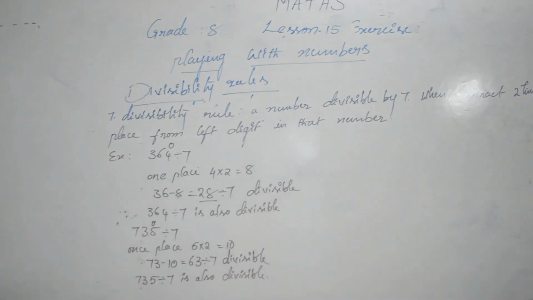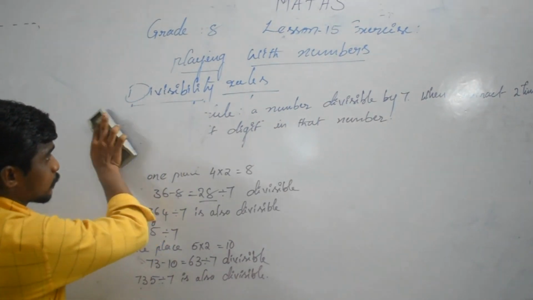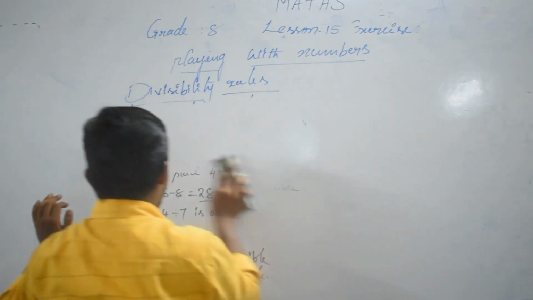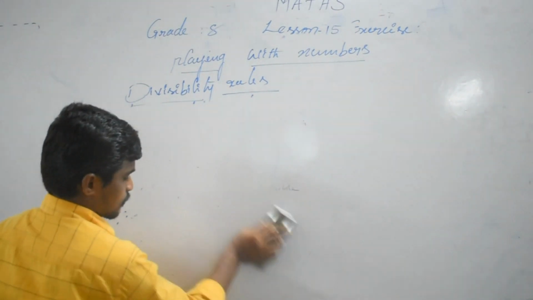Next, 8 divisibility rule. What is the 4 divisibility rule? Last 2 digits. But here, for 8, last 3 digits.